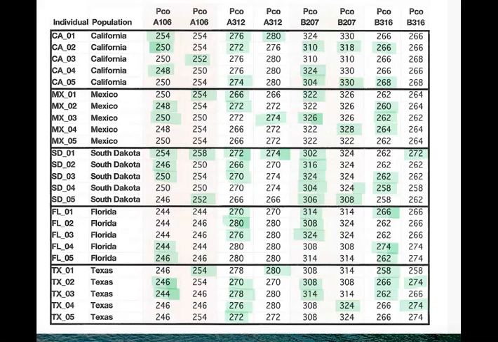So 258, 266, 262, and 274. So write them down in your chart. I am not going to write them in the chart because it's going to take too long for me to type, but you should have them written in the chart, because now we're going to come back to this, right?